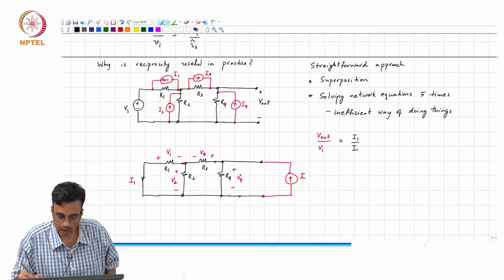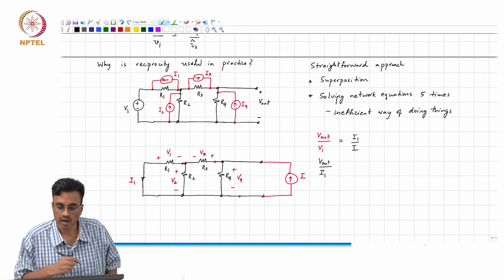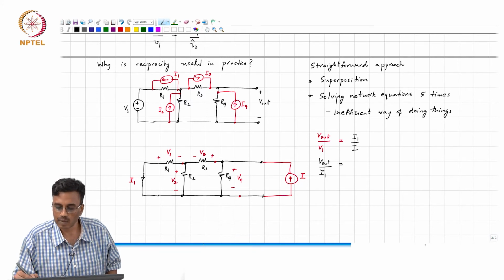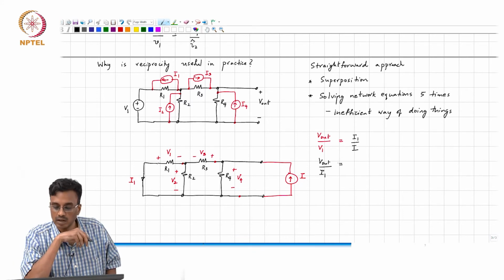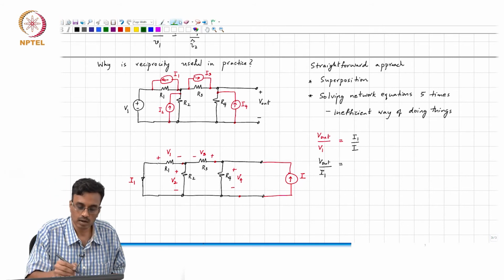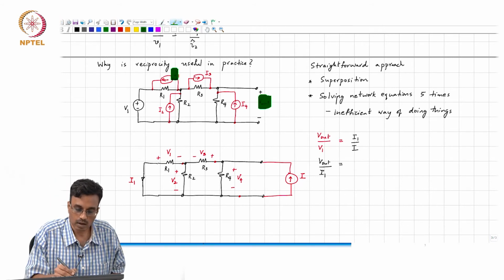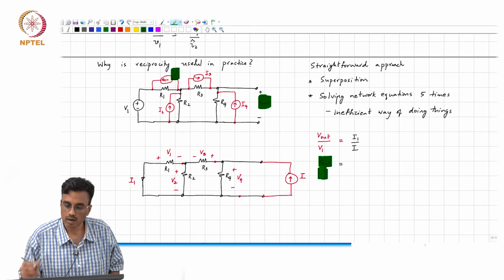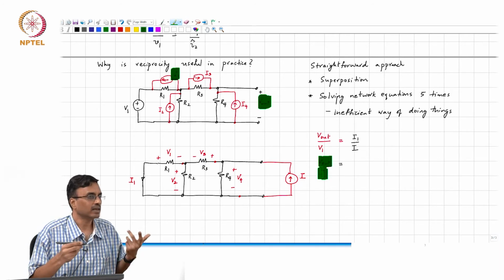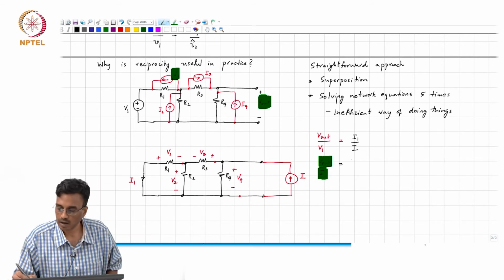Likewise, V out by I1 in the network above is the same as V1 by I, and so on.